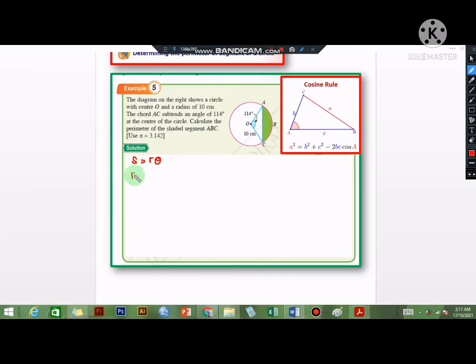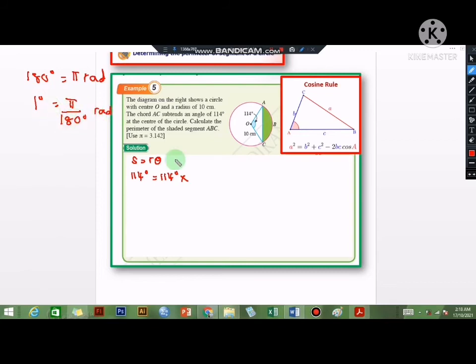Remember, 180 degree is equal to pi radian. So we want to convert from degree to radian. So 1 degree is equal to pi over 180 radian.